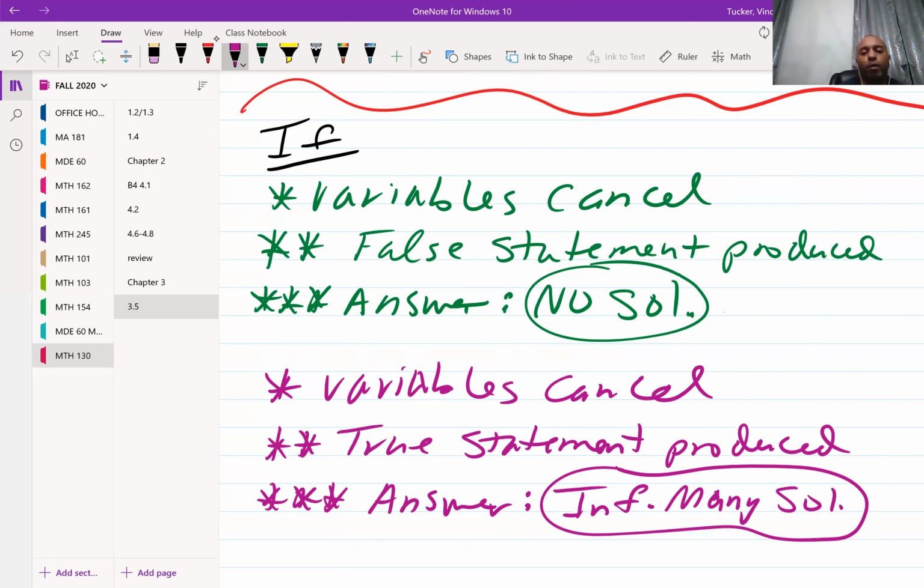So then if your variables cancel and a true statement is produced, then your answer is infinitely many solutions.